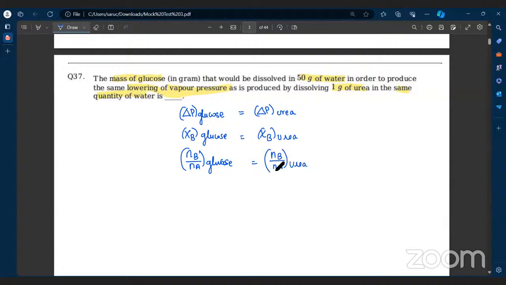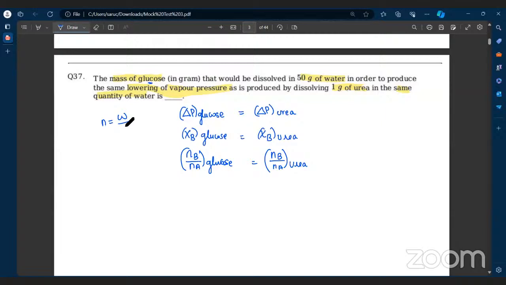Now the number of moles of glucose. You have to calculate the mass, so the number of moles is unknown, and we know the number of moles formula is mass by molar mass.